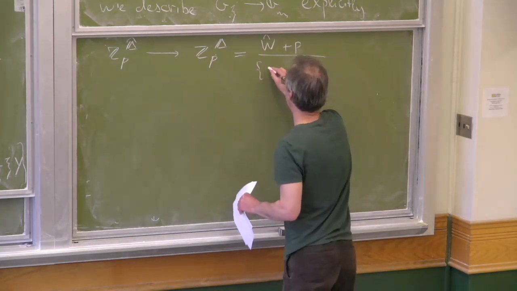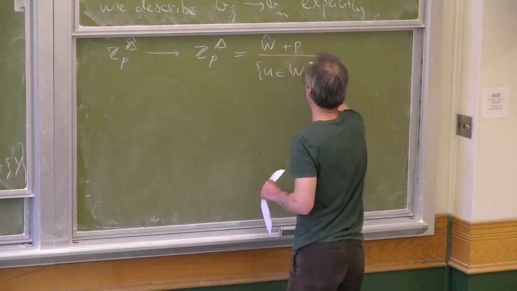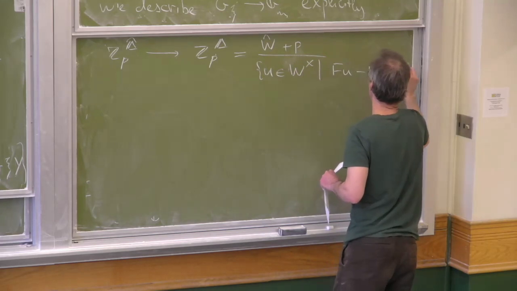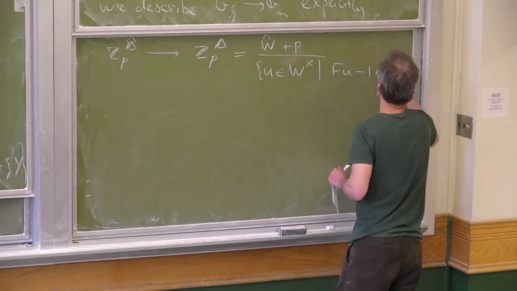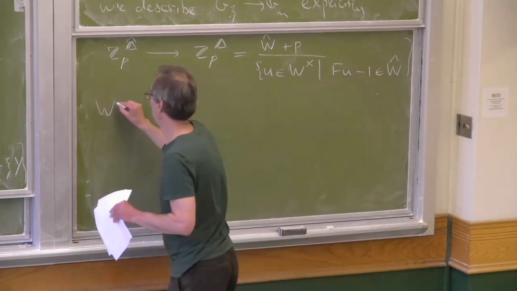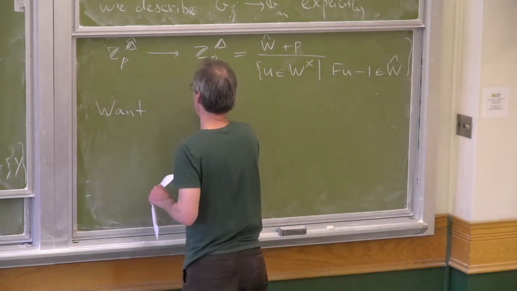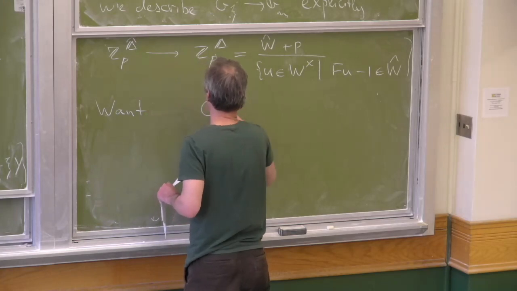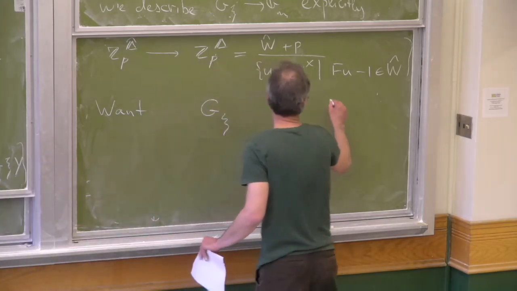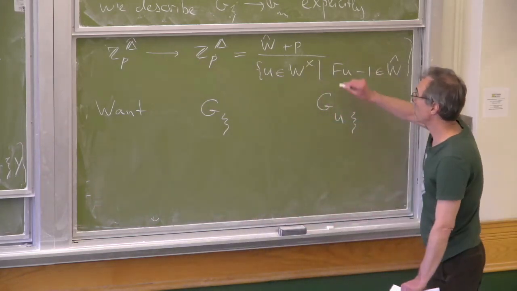Namely, you look at all U in W cross such that Frobenius of U minus 1 is in W. So what we want is to construct a canonical isomorphism between G_C and G_{U times C}, where U lives here.